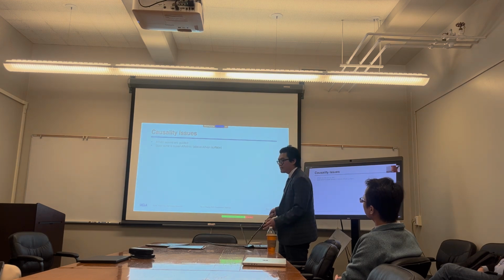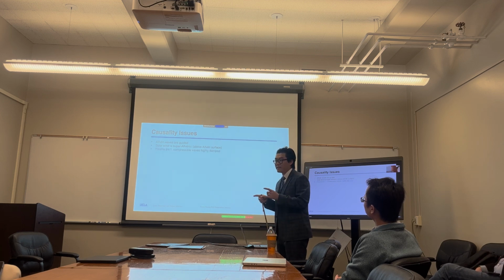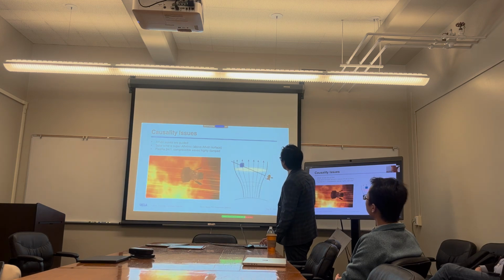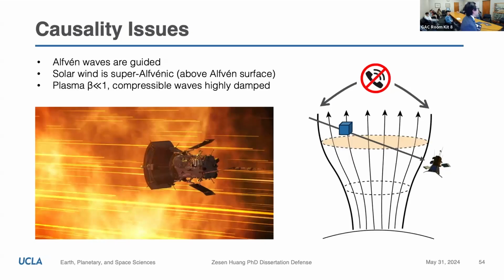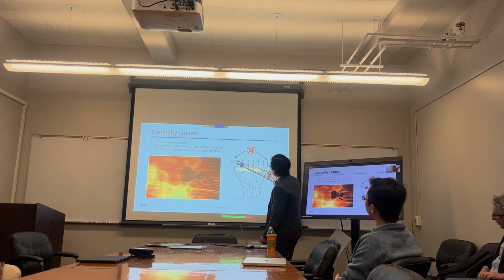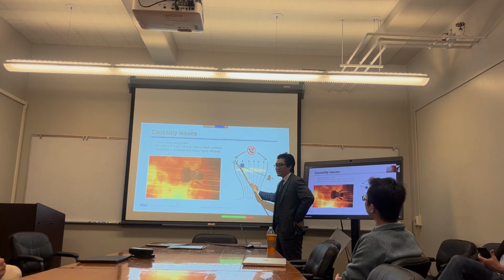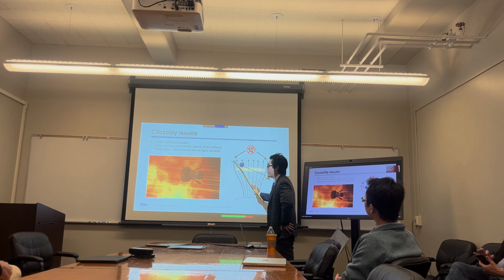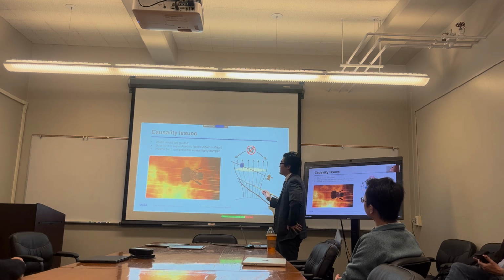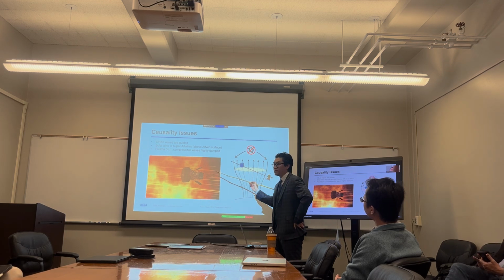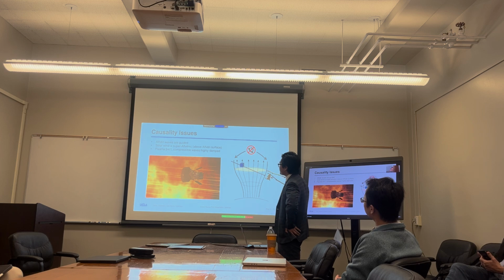However, this can only account for the minutes-long structures because they have causality relations. For the intervals that are several days long, for example, the coronal hole that's several days long, the information cannot propagate from one side of the coronal hole to the other, because there is no perpendicular information carrier.